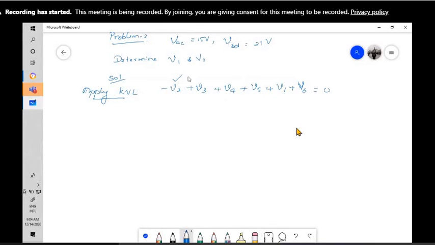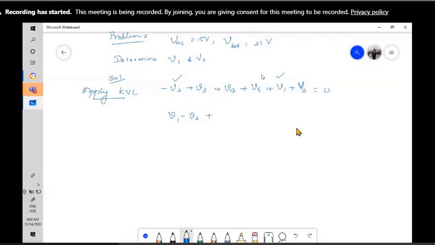So here V1 and V2 we don't know; the rest have all been given in the question indirectly. So V1 and V2 we need to determine. So V1 minus V2 plus, if you look at the voltage drop across V3 in that circuit, you can see in your copy that V3 will be nothing but 5 times I. In the same way V4 will be 3 times I, and V5 will be 2 times I, and in the same way voltage drop V6 will be 6 times I, as we got in the previous problem.